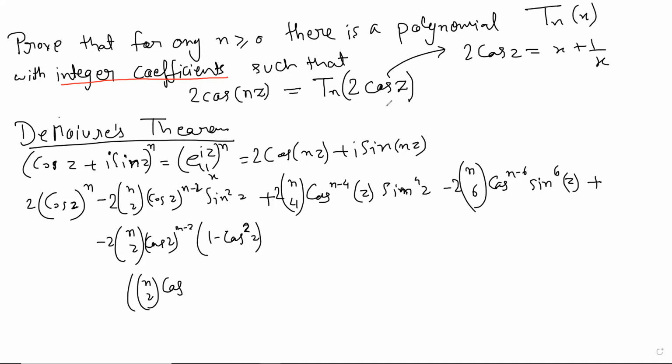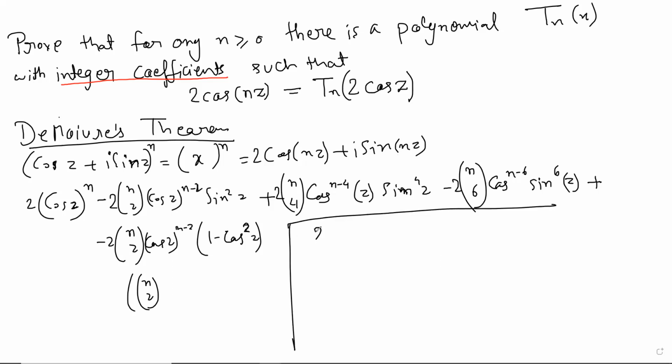Let's try to understand that. You can use that language, but if you just call this cos z plus i sin z equal to x, then this 2 cos z becomes x plus 1 by x.